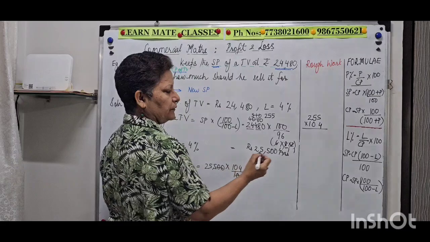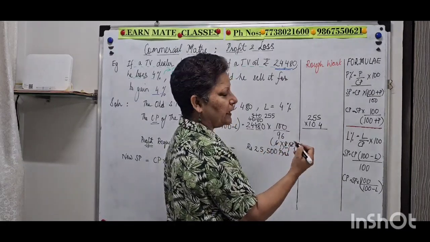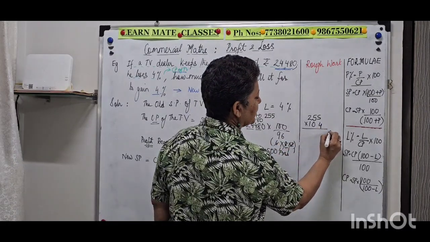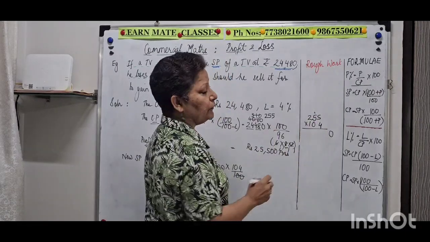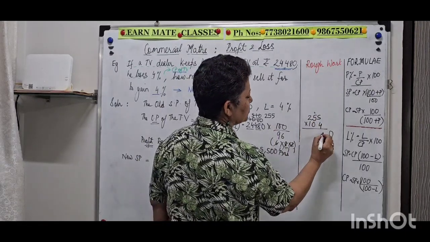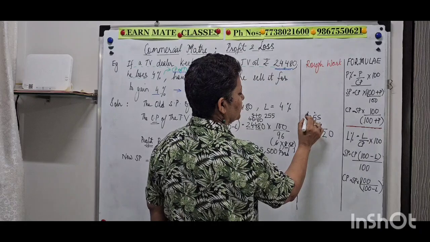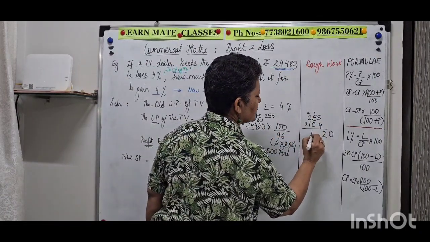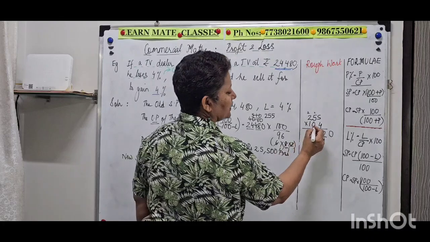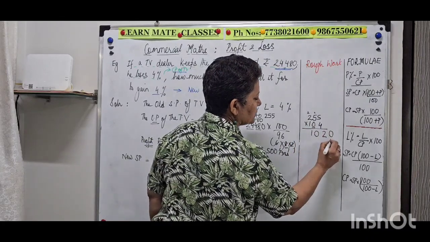When you multiply with 4, always multiply with the units digit place first. 4 5s give 20. Carry up the 2. 4 5s are again 20 plus the 2, 22. 4 2s are 8 plus that you get 1020. The next time around is a 0, so there is nothing.